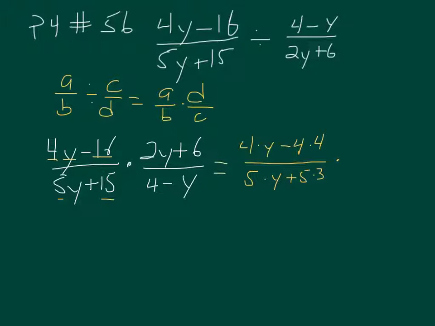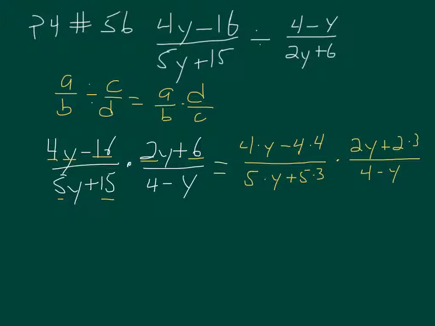Now, our second term, we have a 2y and a 6, but 6 is 2 times 3, so we can turn this into 2y plus 2 times 3 over 4 minus y, and I'm going to leave it like that for a second.